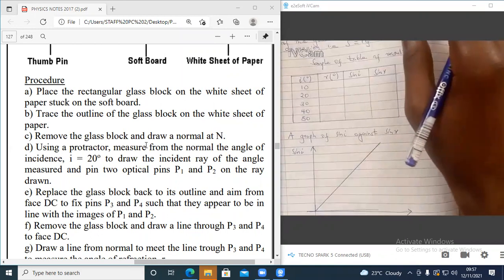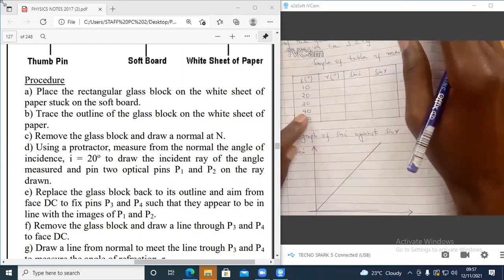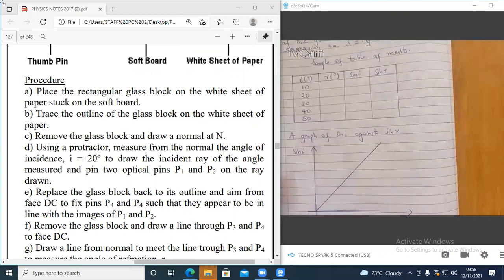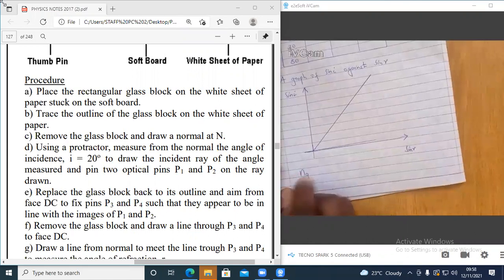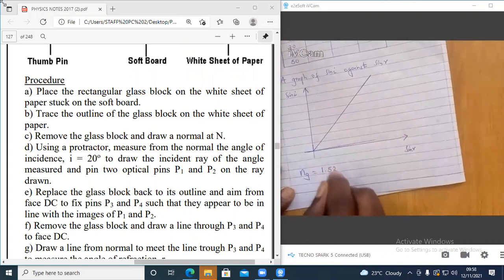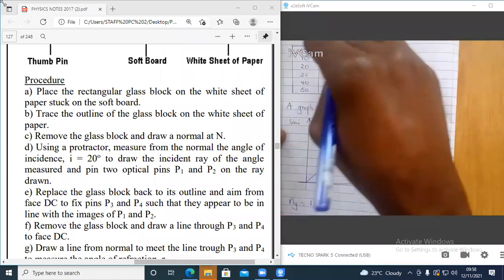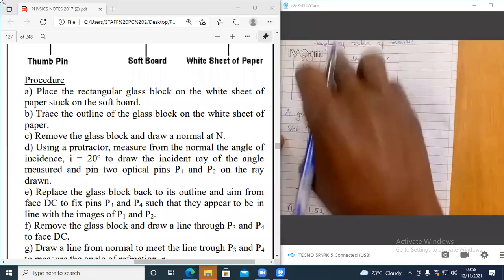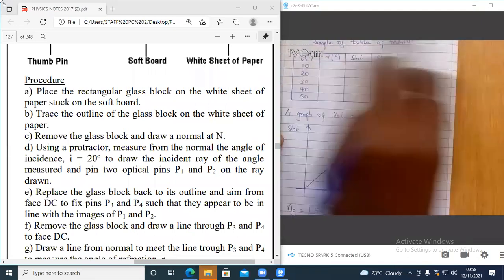What is the refractive index of glass from the theory? We know that the refractive index of glass is 1.52. So we are going to generate these values theoretically, okay?